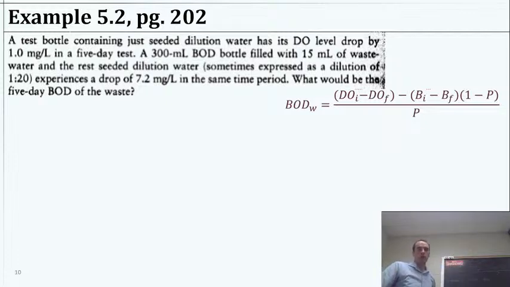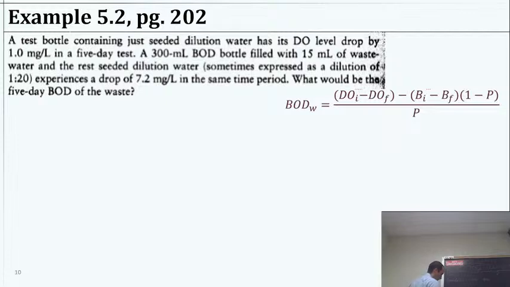A 300 milliliter bottle filled with 15 milliliters of wastewater and the rest seeded dilution water experiences a drop of 7.2 milligrams per liter in the same time period, so in 5 days. So the question is, what would be the 5-day BOD of the wastewater?